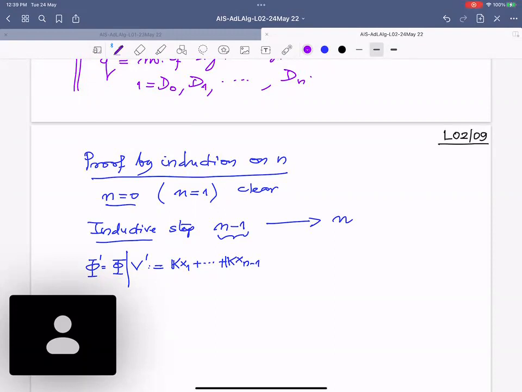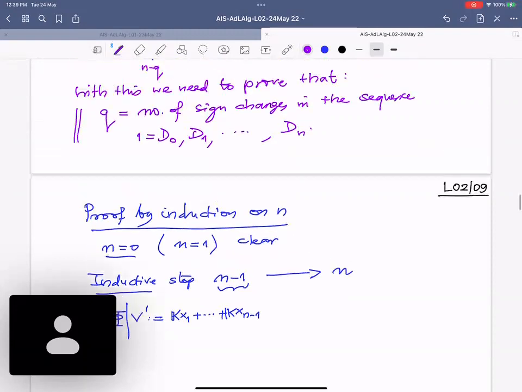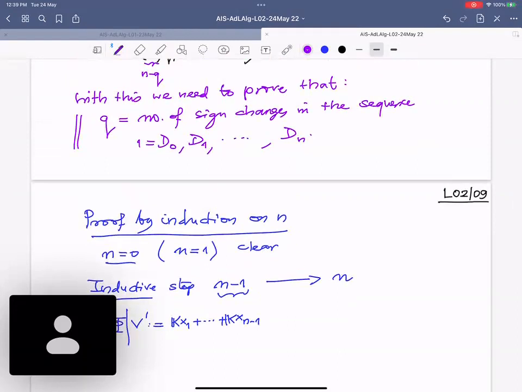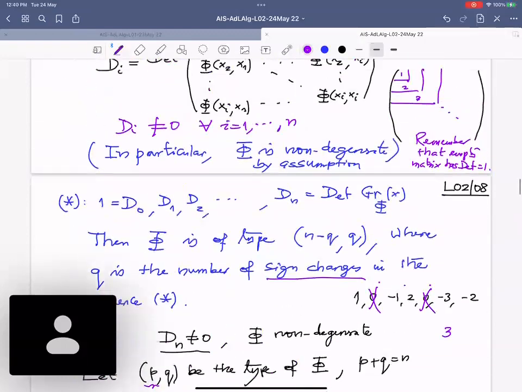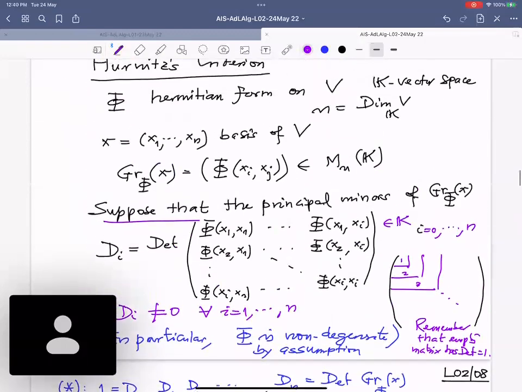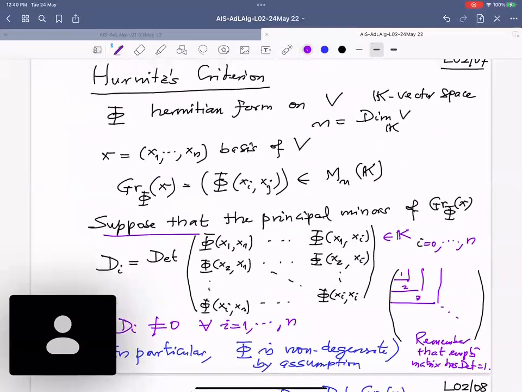So you restrict the given form to the subspace generated by x1 to x(n minus 1). Then this sequence will not change. Only the last entry will change, because the principal minors, the determinants, will not change. So only the last Dn will change. Agreed?